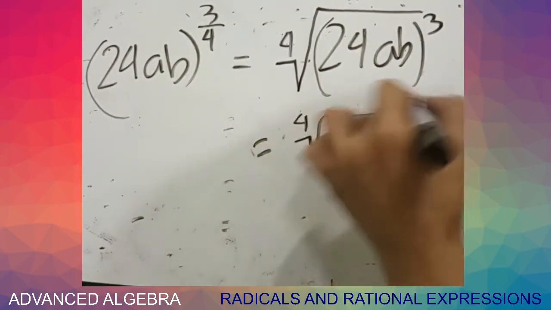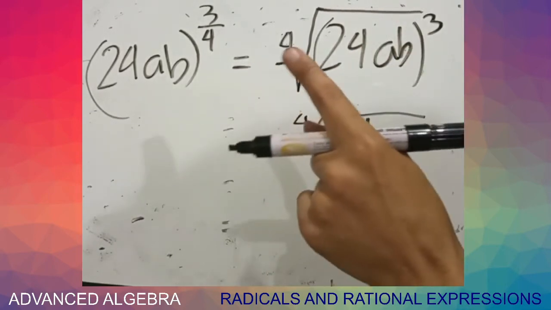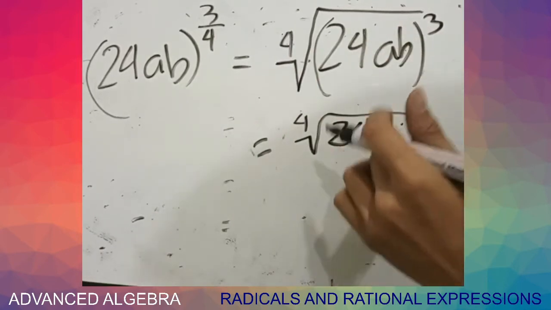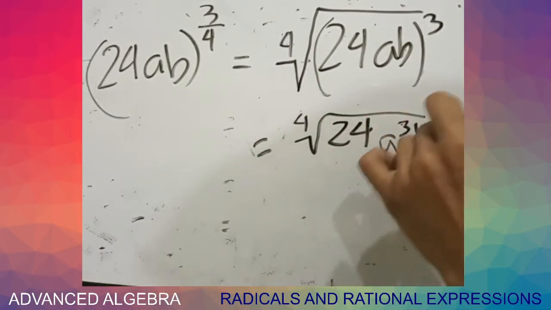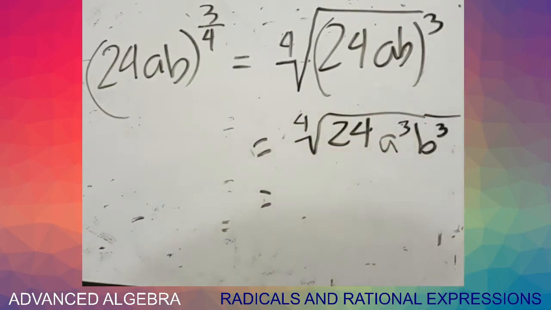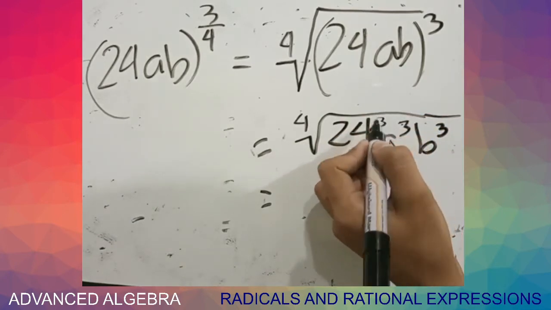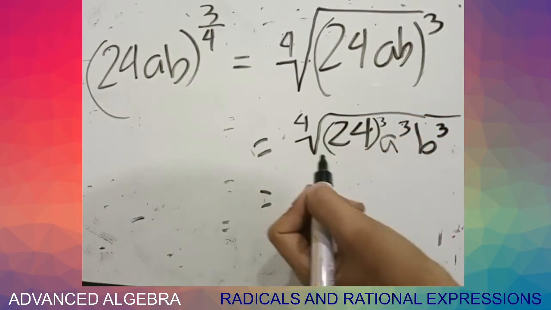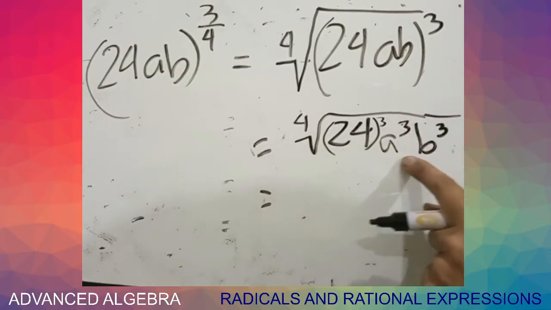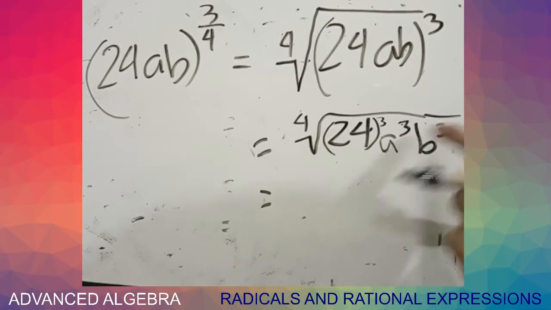So, magiging fourth root of 24, tapos a cube, b cube. Ay, meron pa pala dito, 3. Yan. So, 24 cube, a cube, b cube. Automatic si a cube, b cube ay wala siyang fourth root kasi 3 yung pinakamataas.